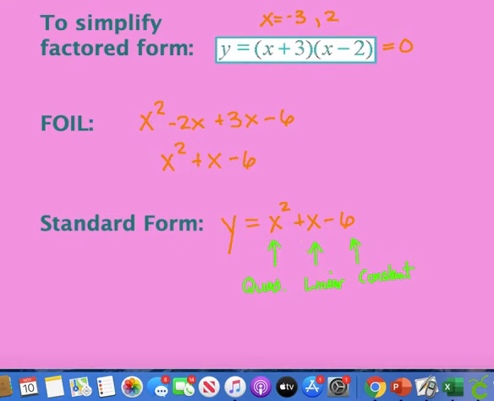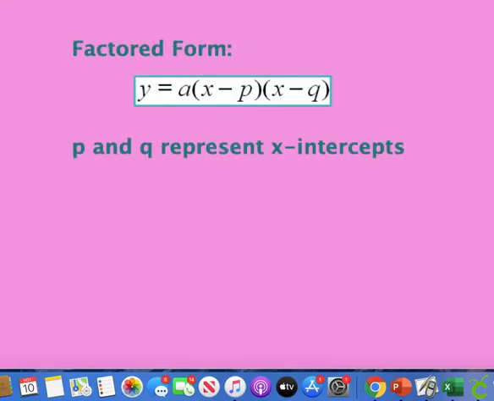Okay, so now if I look at our generic factored form, I get an equation that looks like this: a times (x minus p) and (x minus q), where p and q represent our intercepts or our zeros or our solutions or even our roots of the equation. So p and q are going to represent where we cross the x-axis in the function.